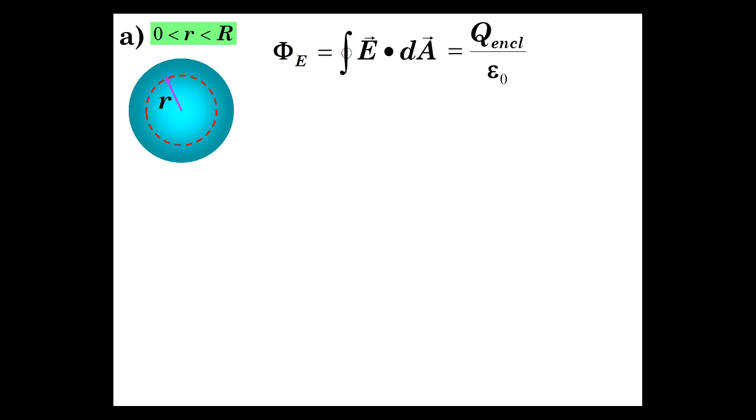Because of this unique nature of our Gaussian surface, E is constant, and it's dotted with dA, and the vector dA direction is everywhere in the same direction as E, so it's just all EA. Very wonderful. And in summary form then for E, we have the simplified algebra that should just be rolling off your tongue, which is that E is equal to Q enclosed over epsilon 0 A.